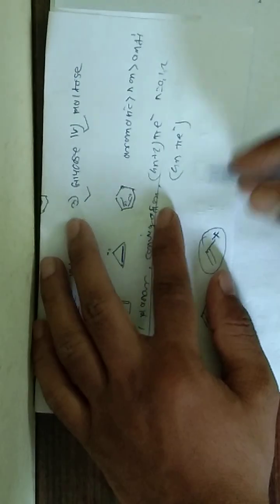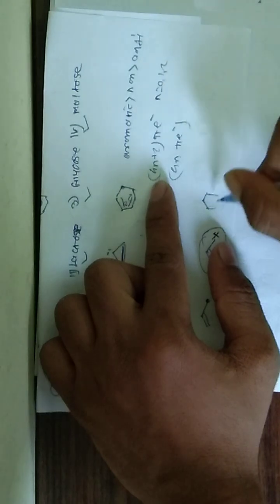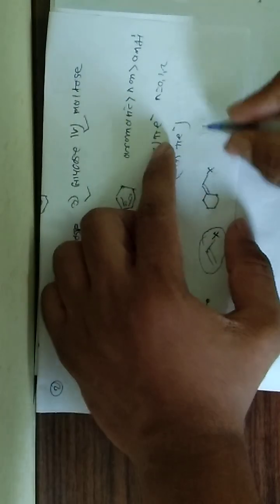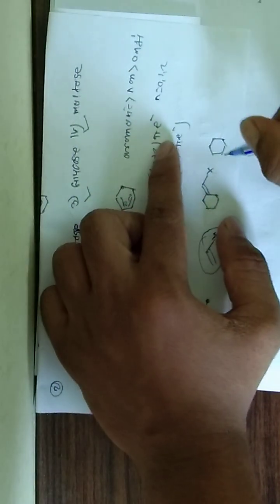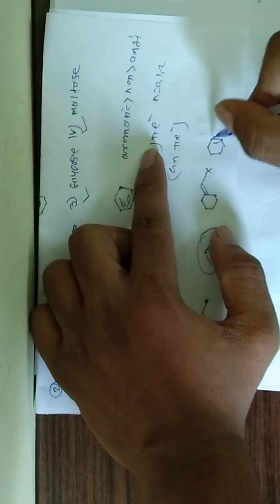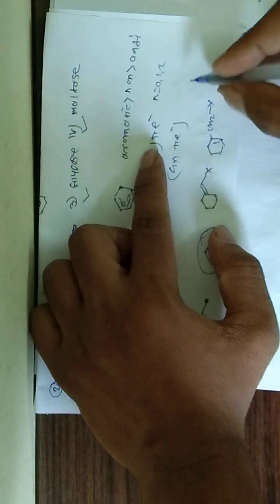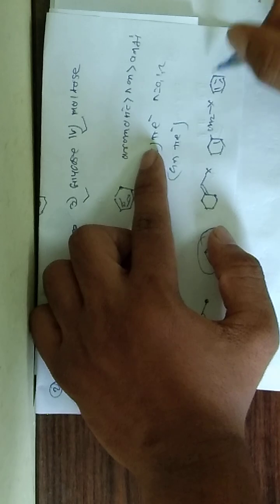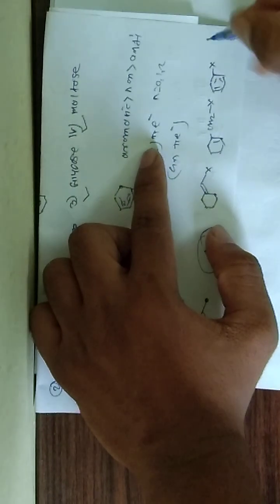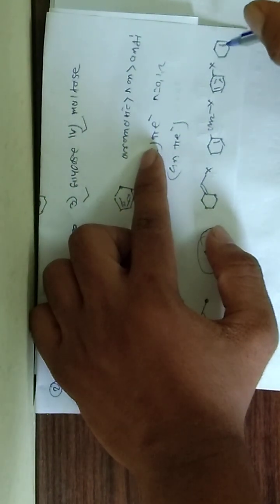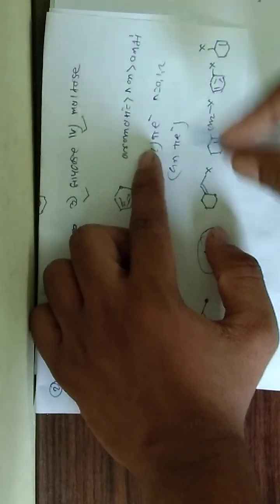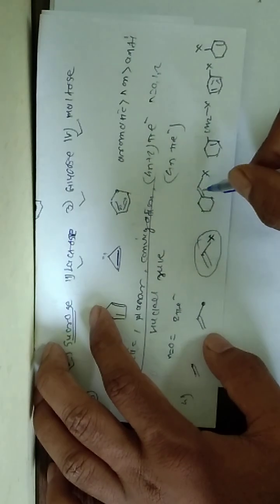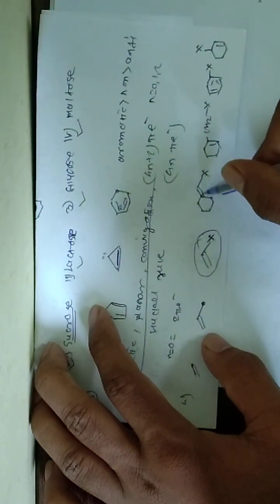So here the first option is, second one is, third one is, and last one is. Here this halogen is attached directly to an sp2 hybridized carbon atom in the alkene.